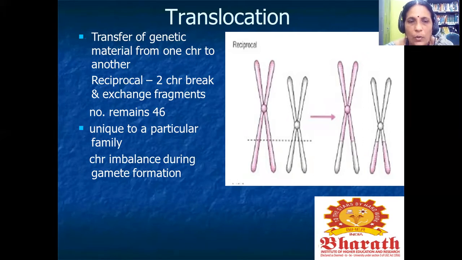In reciprocal translocation, two chromosomes break and exchange fragments, but the number of chromosomes remains 46. See the picture. It is unique to a particular family, with chromosome imbalance during gamete formation.